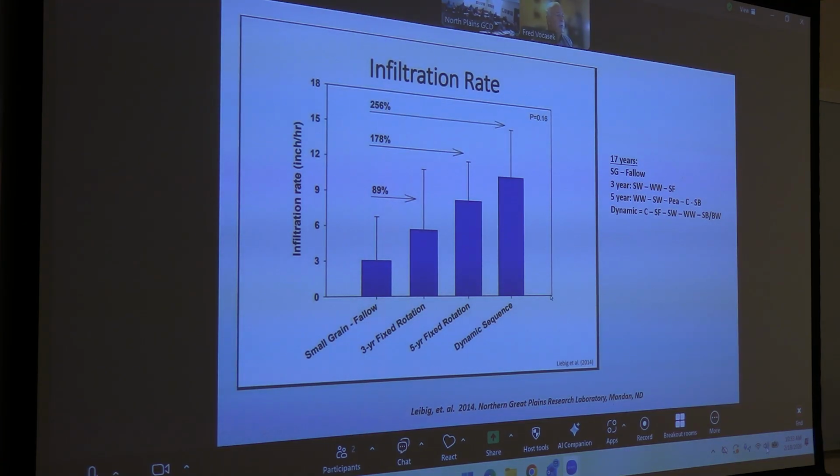They were looking at some different crop rotations, and depending on the crop rotation, they were able to go from 3 inches per hour to 11 inches per hour. That's really impressive. I mean, that was really surprising that a rotation could do that. But we were looking at different crops, different rooting systems, different patterns.